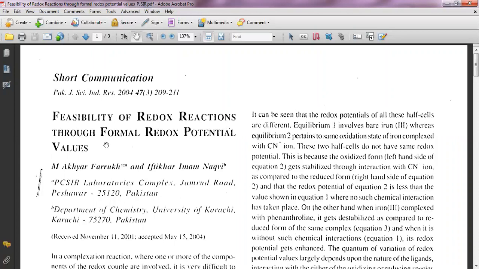In this lecture, I will teach you two major concepts. One is why the same metal ions have different redox potential values when bonded with different ligands. And the second objective is why the potential varies in different media, and specifically we will discuss the acidic medium.